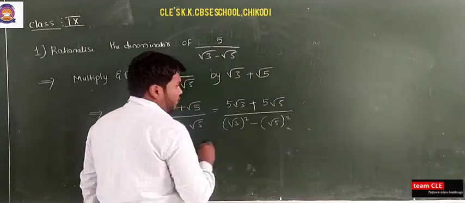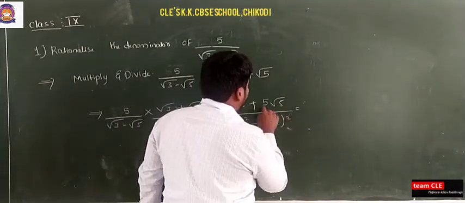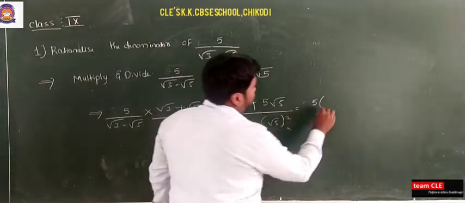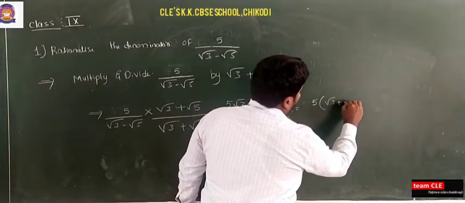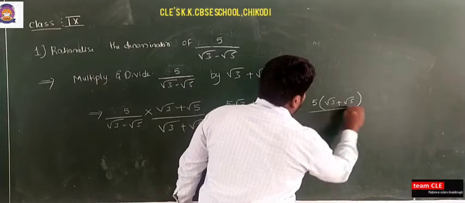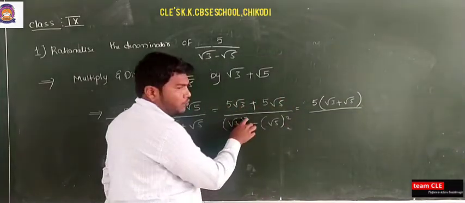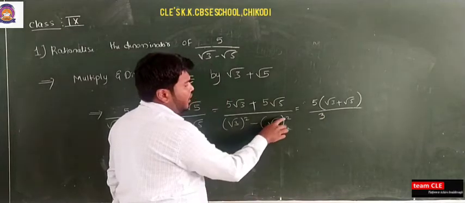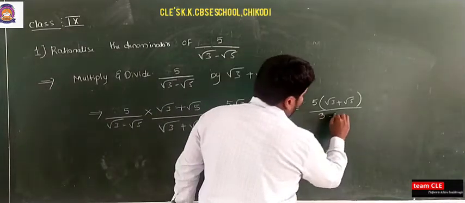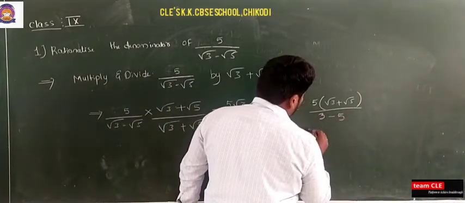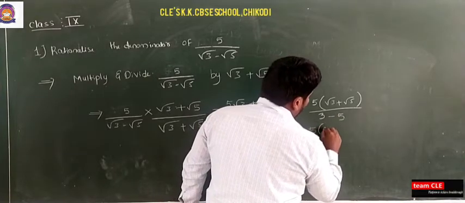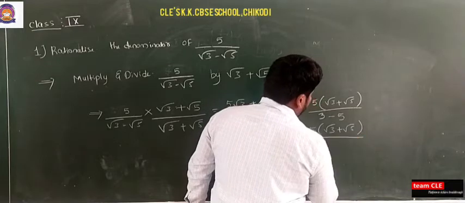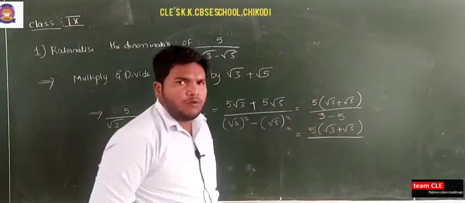Now in the numerator 5 is common, so taking 5 common, remaining is root 3 plus root 5. Root and square get cancelled, so remaining is 3, and root and square get cancelled, so remaining is 5. So you get 5 times root 3 plus root 5 over 3 minus 5, which is 3 minus 5, equals minus 2.